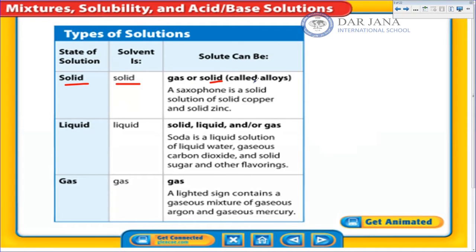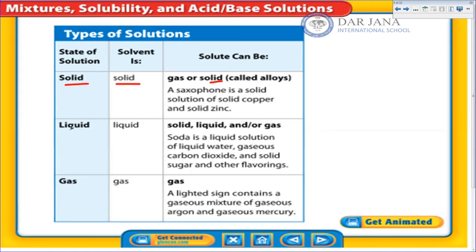Alloys mainly are solid solutions. For example, the musical instrument, the saxophone, is a solid solution because it's made up of solid copper and solid zinc. So in a solid solution, mainly the solvent and the solute are solids.